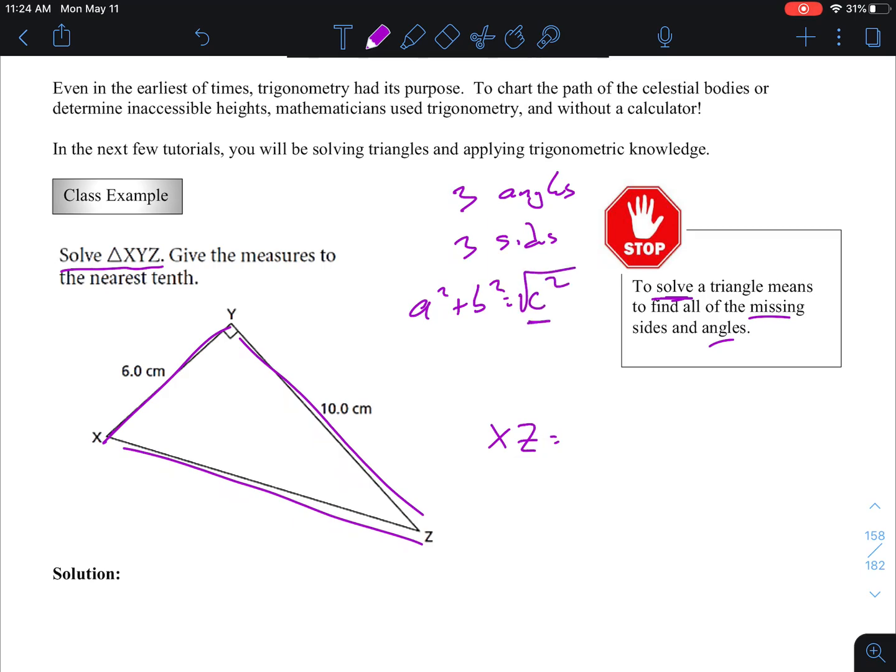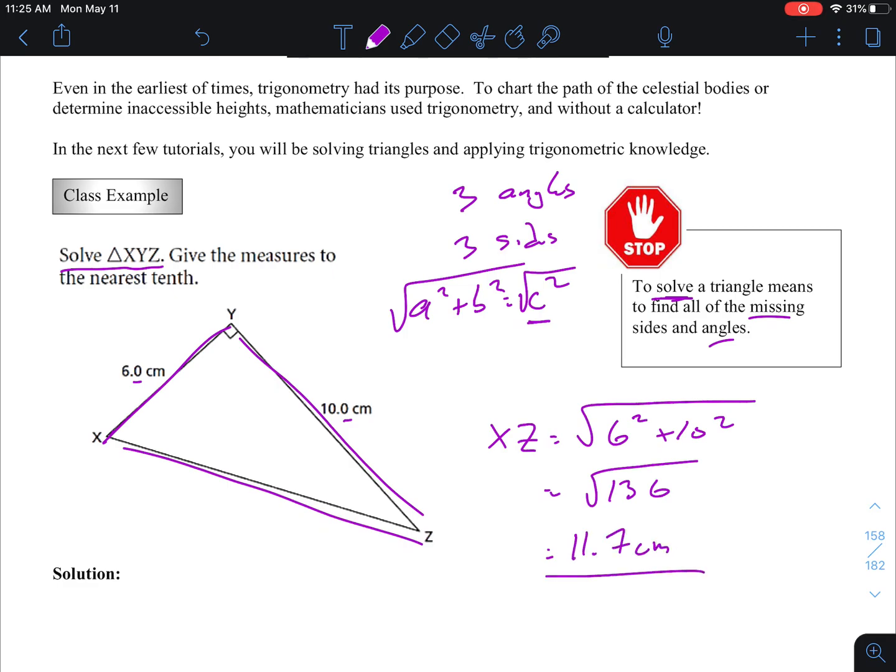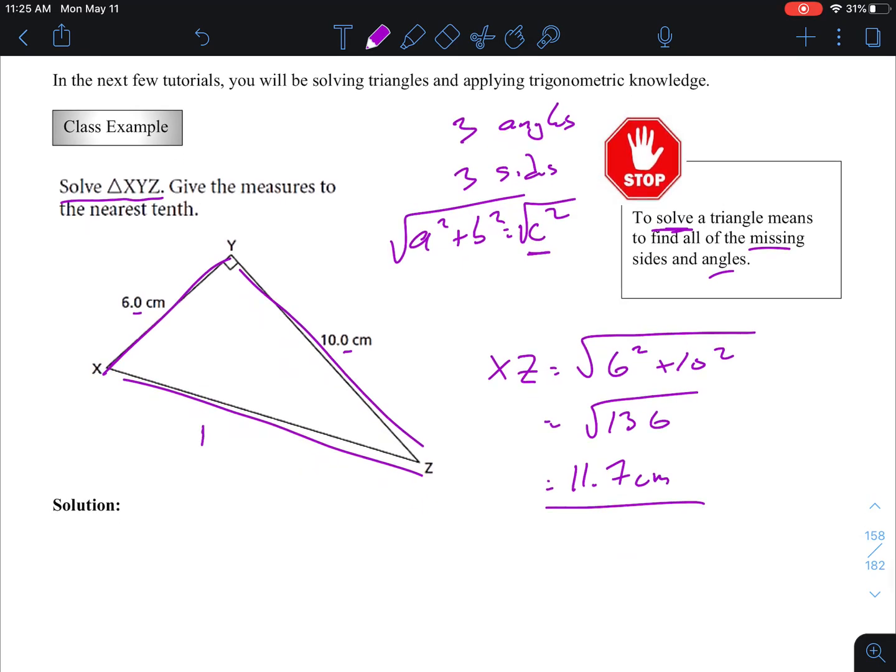To solve for c, I would square root both sides. So XZ would equal the square root of 6 squared plus 10 squared, which is the square root of 136, which gives approximately, rounding to 1 decimal place like my side lengths here, 11.7 centimeters. Cool. That's 1 side length there. So now we know all 3 side lengths.